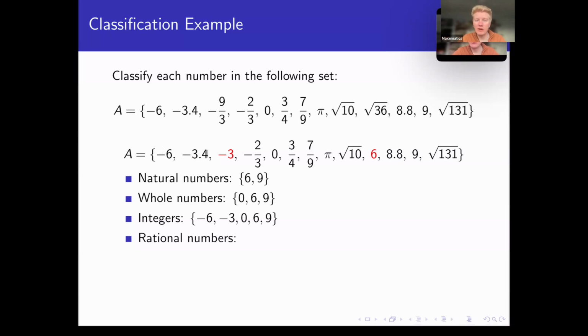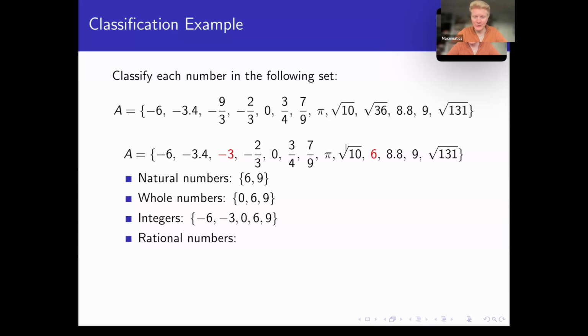Negative 3.4, terminating decimal, it is a rational number. Negative 3 was an integer, is a rational number. Negative 2/3, that's a fraction, rational number. 0 was an integer, also a rational number. 3/4 and 7/9, oh, both of these are fractions, the definition of rational numbers.